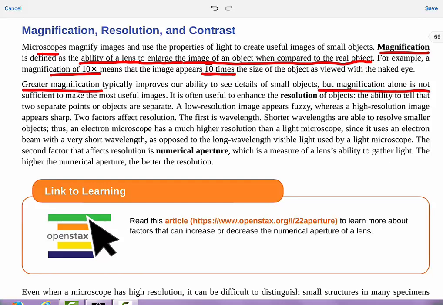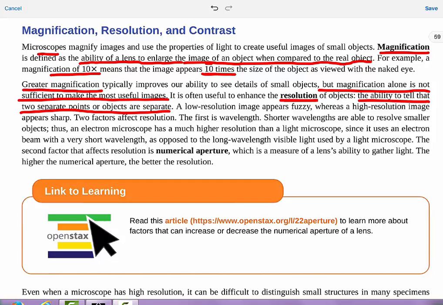But magnification alone is not sufficient to make the most useful images. It is often useful to enhance the resolution of objects. So the resolution of objects is the ability to tell that two separate points or objects are separate.